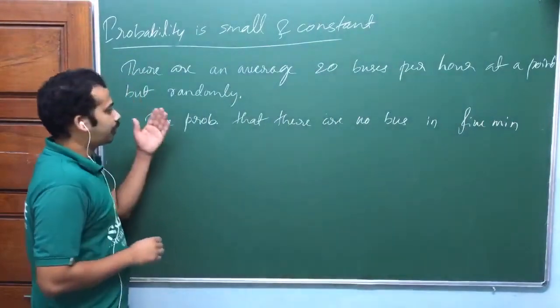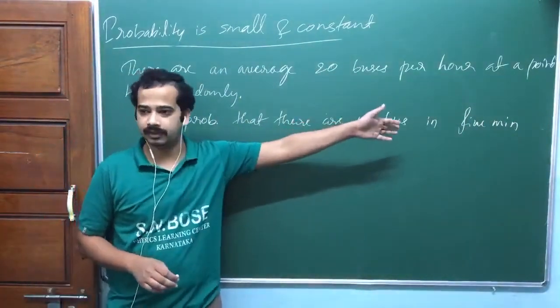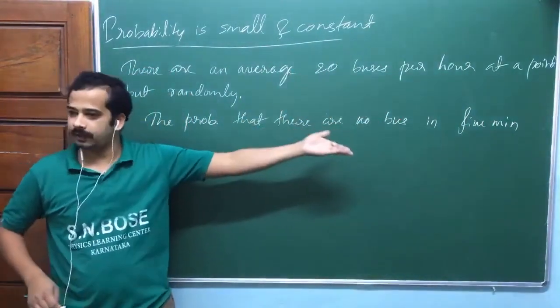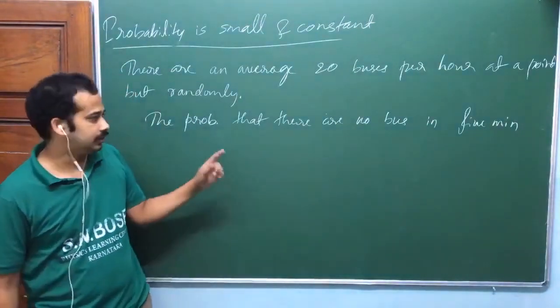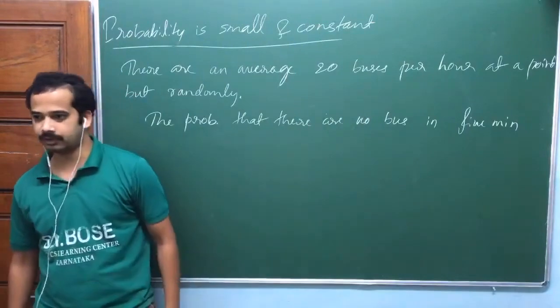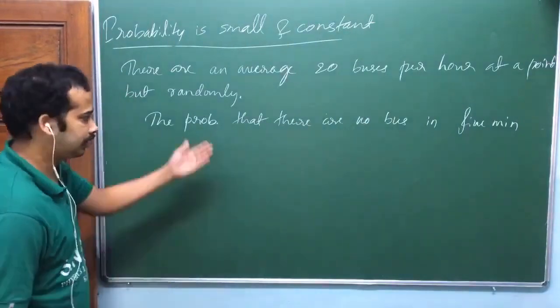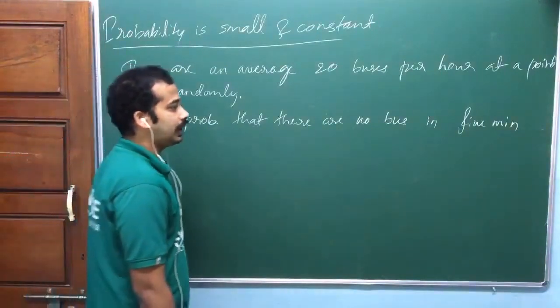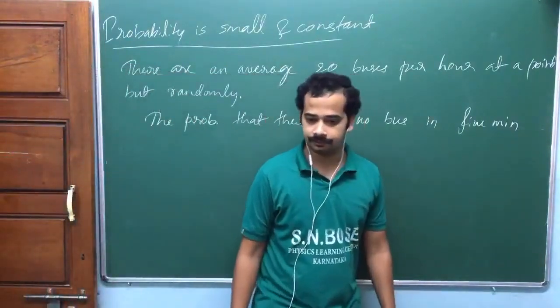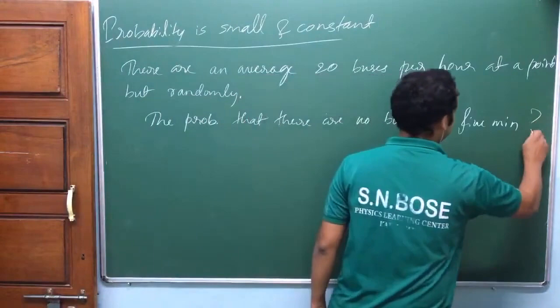Or you can talk about probability there are 1 bus in 5 minutes, probability there are 2 bus in 5 minutes. Again, this is the question that they asked in that particular question. Okay, you can just generate other question. Is that okay? Probability there are no bus in 5 minute interval. Is that okay? So what is that one?